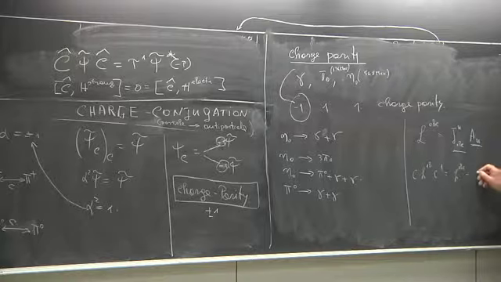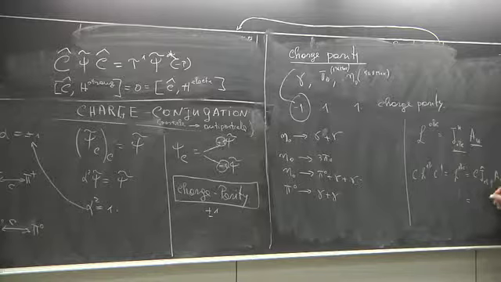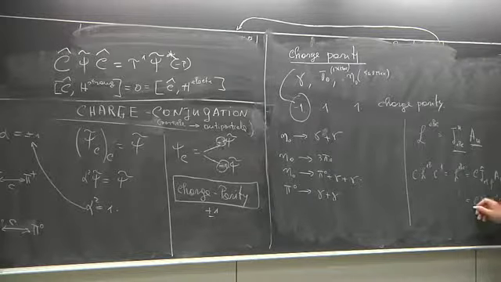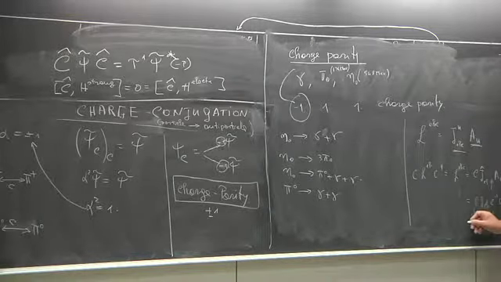But let's apply it here. We have C J mu electromagnetic A mu C to the -1. Now let's insert here a C to the -1 C, so C J mu C to the -1 times C A mu C to the -1. Now, the electromagnetic current is made of charged particles, so under charge conjugation it goes into -J mu.